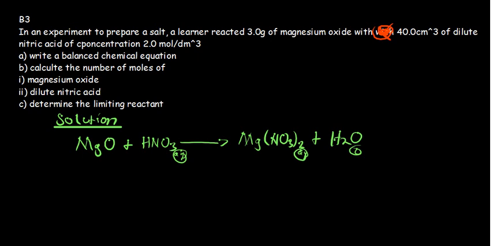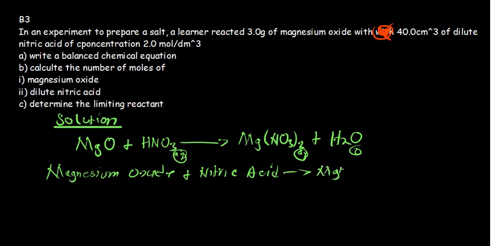We need to keep in mind from the word equation: magnesium oxide plus nitric acid giving us magnesium nitrate plus water.